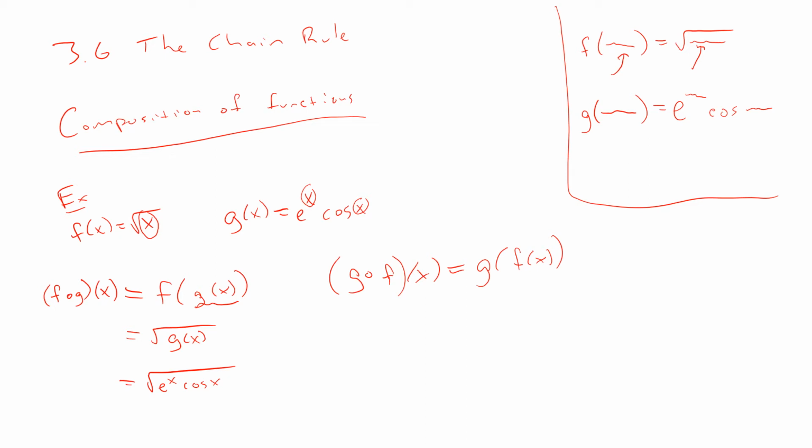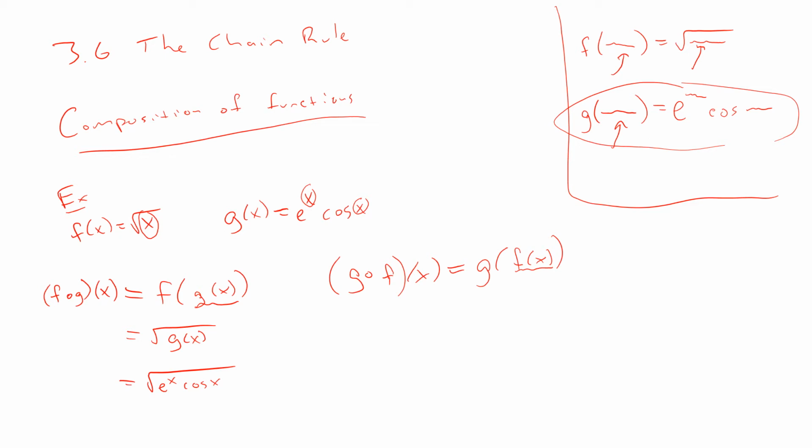Okay, so g of f of x, again, coming back to this idea up here in the corner, g of whatever is equal to e to that thing times cosine of that thing. Now that thing that's being represented by that squiggly line is the function f.